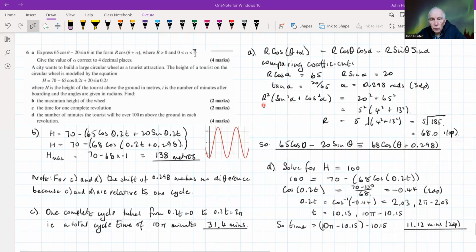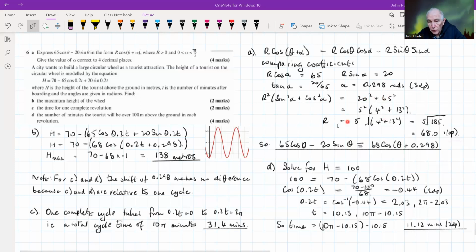And then if we use our sine squared plus cos squared identity, we square these, and that's obviously going to be equal to 20 squared plus 65 squared. Factorize out the r squared, then of course this in brackets is equal to 1. So r squared is equal to this expression here.